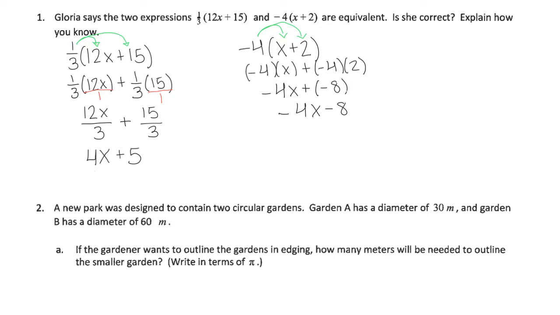Now our question is asking us, are these two expressions in standard form equivalent? And is Gloria correct? So are they equivalent? Does 4x plus 5 equal negative 4x minus 8? Well, no, they don't.